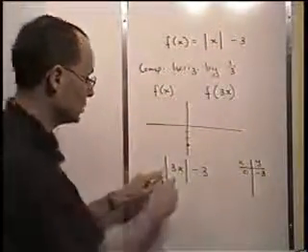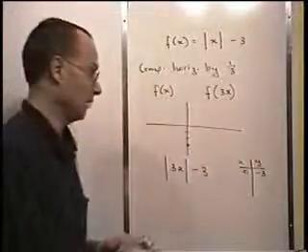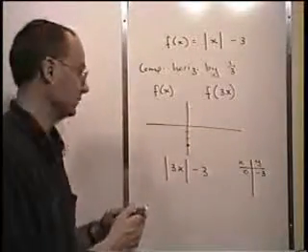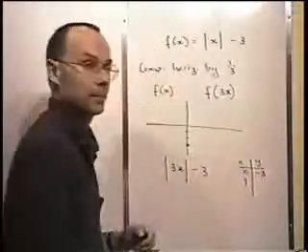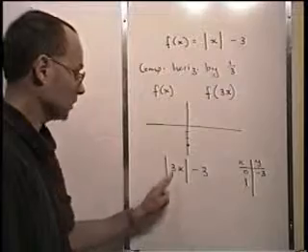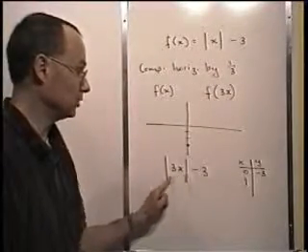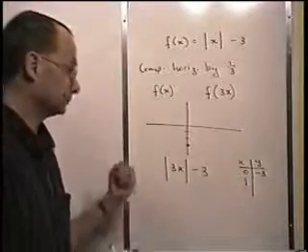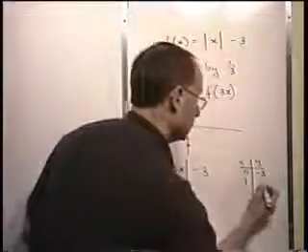At this new location, we're now going to be looking at this horizontally compressed graph. Okay, well, what do we have happening there? If we go 1 to the right, what are we going to get? 3 times 1 is 3. The absolute value of 3 is 3. Take away 3 is 0.